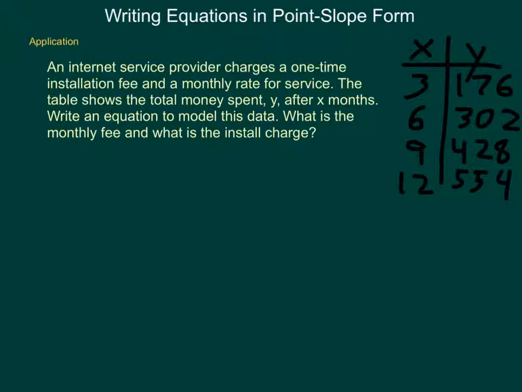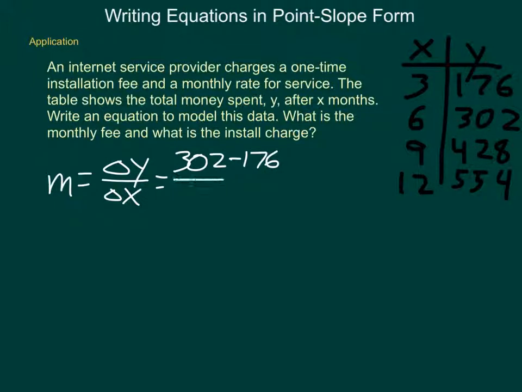So what I need to do is begin by finding my slope. And slope is change of y divided by change of x. For any two entries on this table, and we'll take the top two, my change of y would be calculated as 302 minus 176, and my change of x would be 6 months minus 3 months.